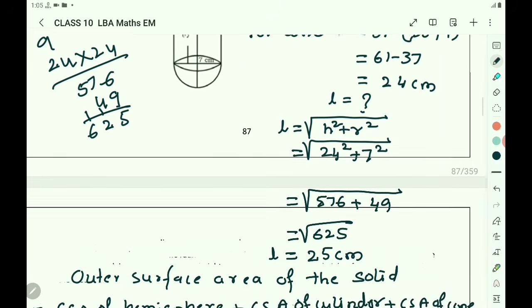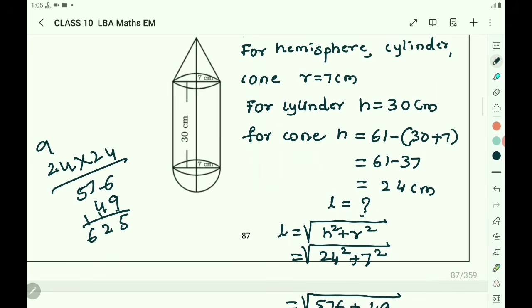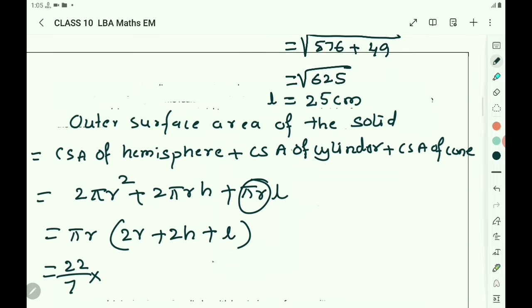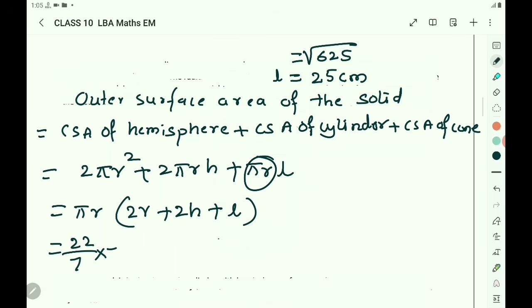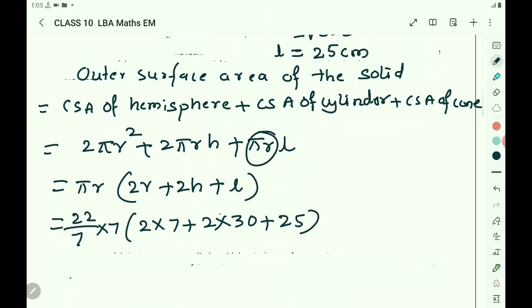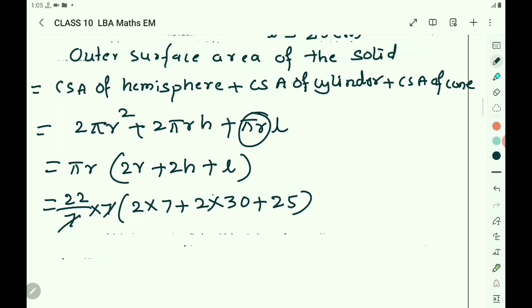Radius is 7 centimeter. For cylinder h is 30. 7 into 2 into 7 plus 2 into 30 plus L is 25. Cancel this 7 and 7.